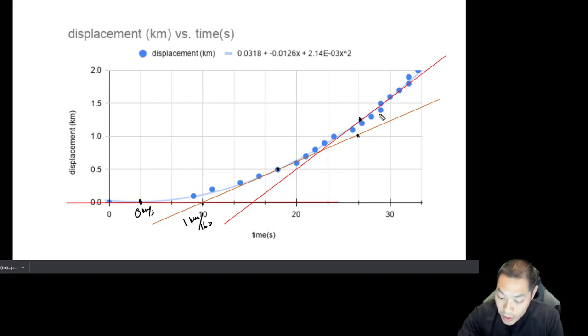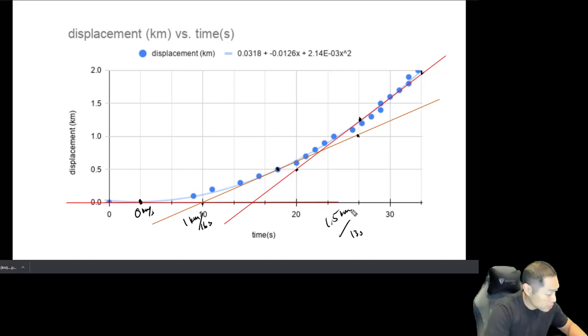And then the red one, it crosses here and it crosses here, and we'll estimate again just because we're doing this on a computer. About 13 seconds is the change, and the rise is 1.5.